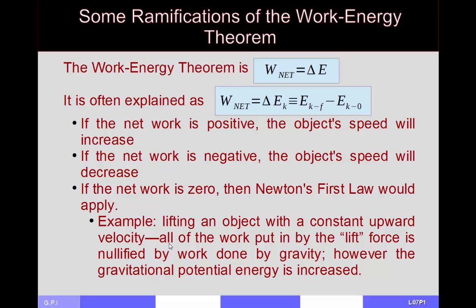So, for example, we talked about lifting an object, we talked earlier about carrying an object. And in that case, we really were in Newton's first law regime because we had gravity pulling downward on the object and then the person lifting upwards on the object, and those two forces were exactly in the opposite direction, and they canceled each other exactly.